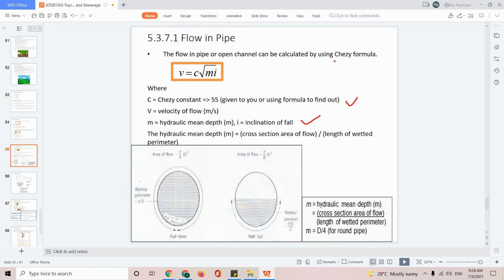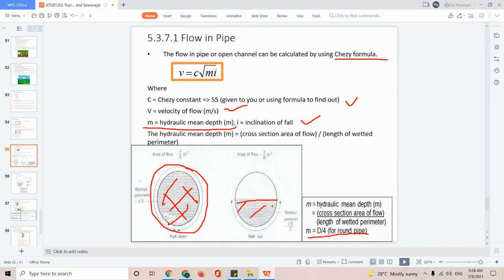So in Chezy's formula, you want to find out your V. So a bit on the hydraulic mean depth. Pay attention here. If your pipe is a round pipe, and the water is full, or the water is only half filled, you can assume that your M is equal to D over 4.